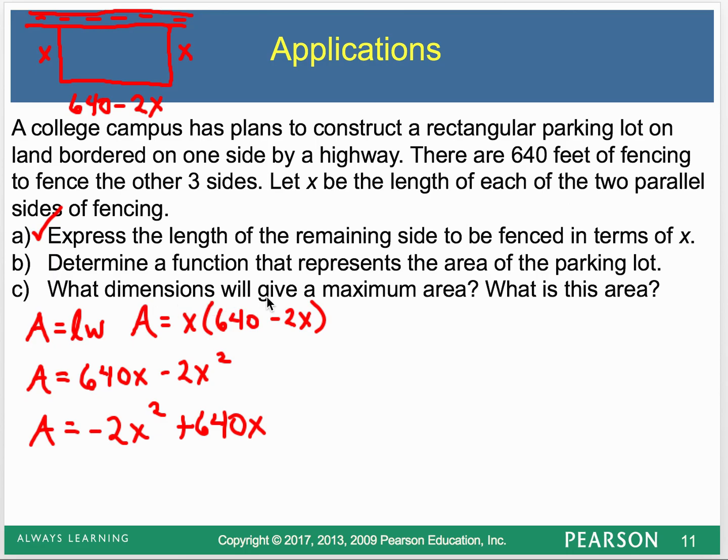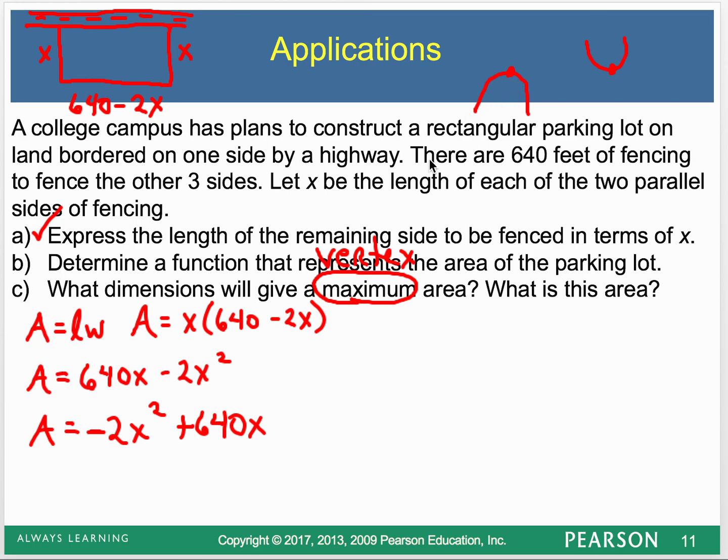So what dimensions will give a maximum area? Anytime we have a quadratic, and we're asked a question about the maximum or minimum, basically they're saying what's the vertex? Remember, that's what the vertex is. It's either that maximum or that minimum. And because this is negative here, we know it's upside down, so that is the maximum.